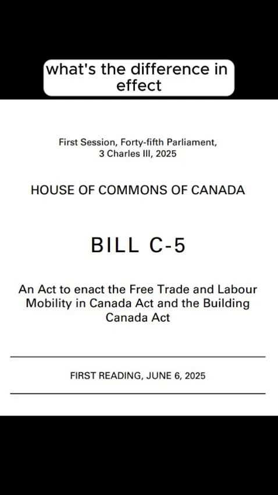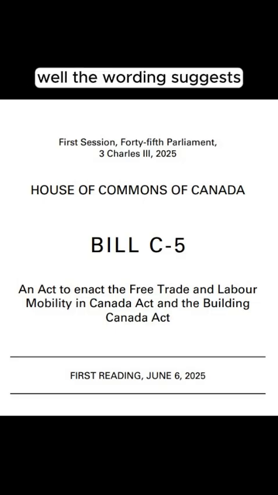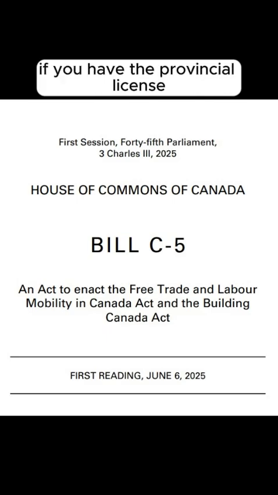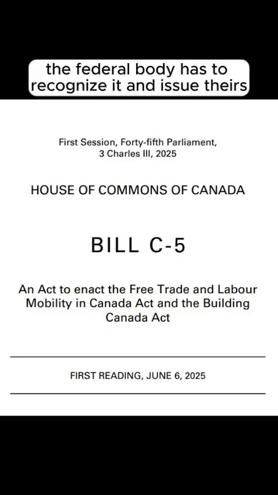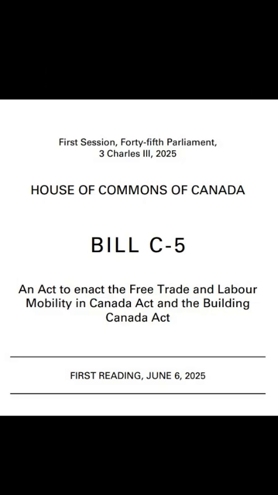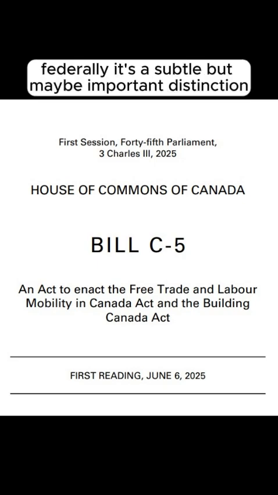What's the difference in effect, do you think, based on the text? Well, the wording suggests perhaps a more automatic pathway for workers, right? If you have the provincial license, the federal body has to recognize it and issue theirs, unless regulations say otherwise. For goods and services, it's more about the requirements being deemed met federally. It's a subtle but maybe important distinction.